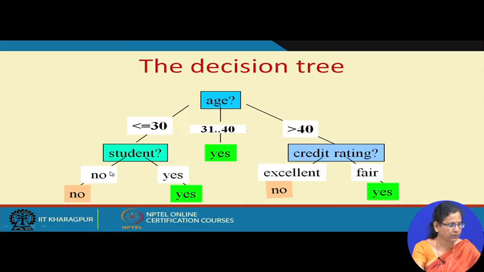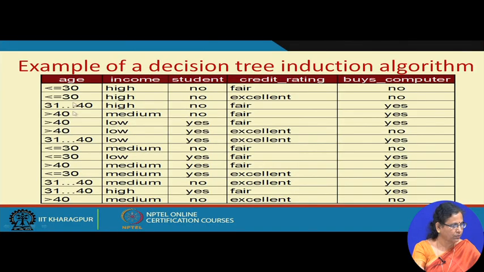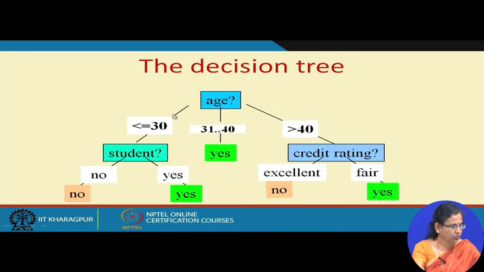This is one part of the data, this is the second part, this is the third part. Everybody who is less than equal to 30 makes one part, everybody between 31 to 40 makes another, and greater than 40 another group. So, the data is partitioned into 3 parts.